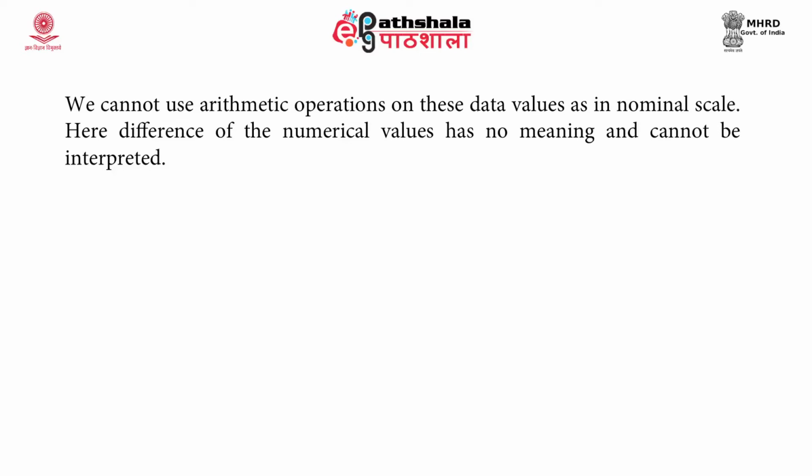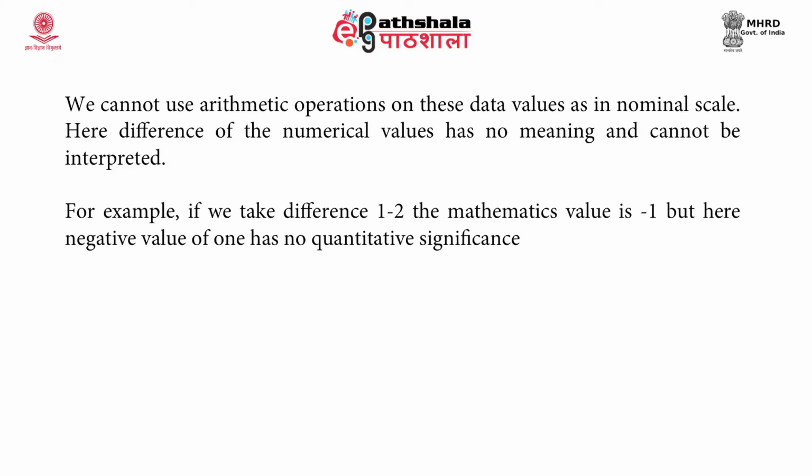Here, difference of numerical values has no meaning and cannot be interpreted. For example, if we take difference 1 minus 2, the mathematical value will be minus 1. But here negative value of 1 has no quantitative significance.